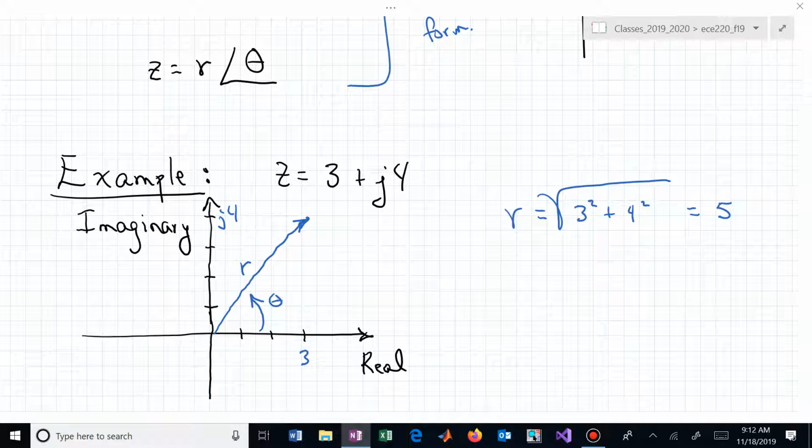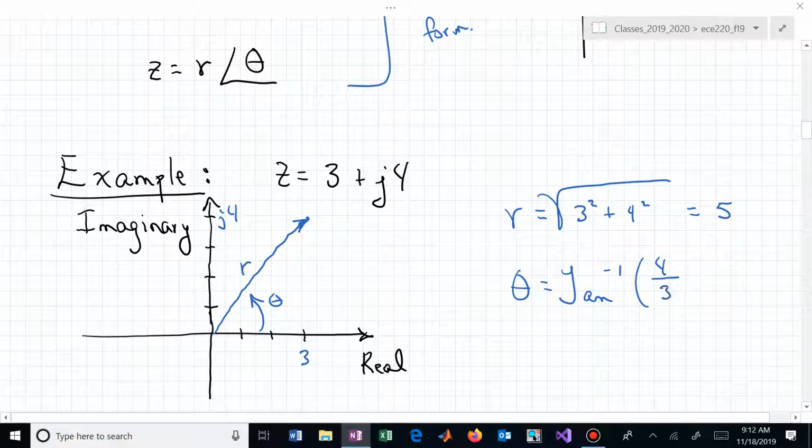The angle is not so convenient, maybe, but going back to our trig, that's now the opposite side, 4, over the adjacent side, 3, and this angle comes around a lot when we're dealing with complex quantities.